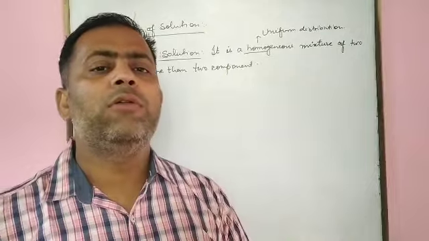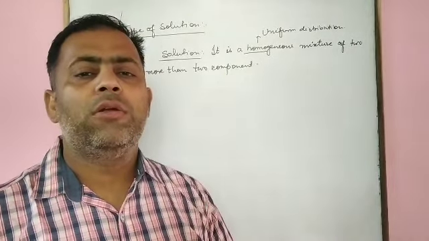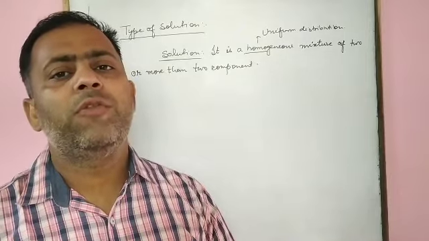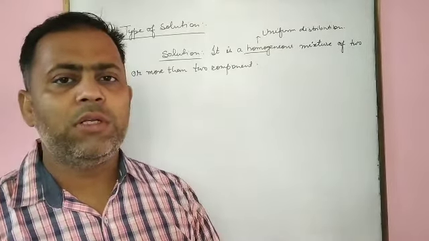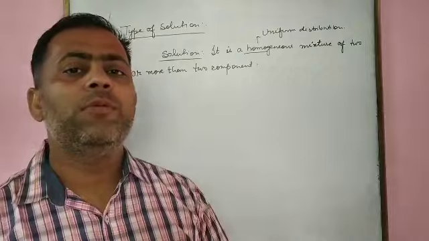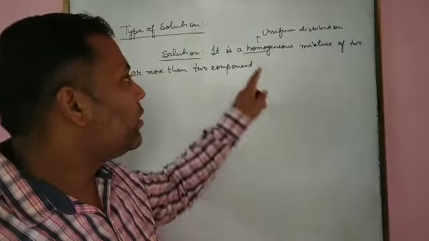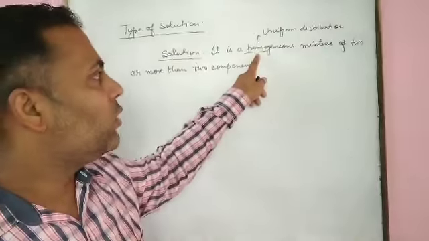If we taste droplets of water from anywhere in the mixture, it is equally sweet, because on dissolution the sugar is uniformly distributed. That is why we termed it as homogeneous.